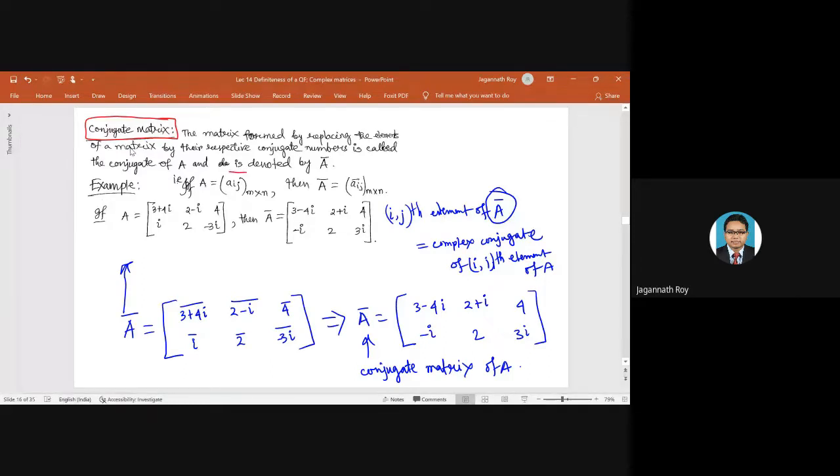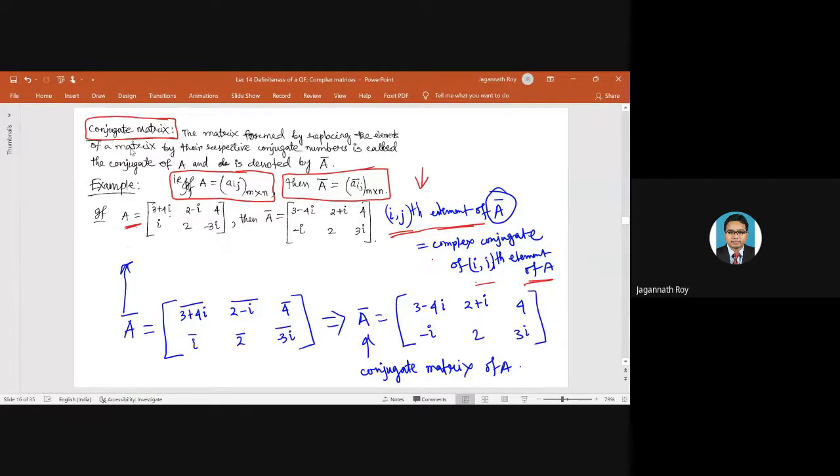If A is a given matrix, then the conjugate of A is denoted by A bar, and its elements are the conjugates of the elements of A. That means the i, jth element of A bar is the complex conjugate of the i, jth element of A. For example, if A is 3 plus 4i, 2 minus i, and then 4, this is a complex matrix.